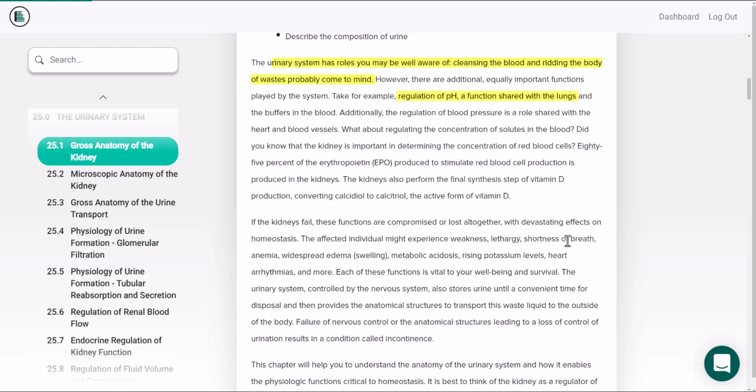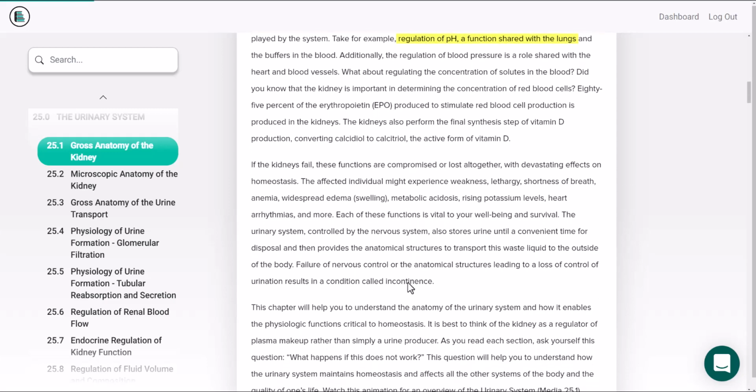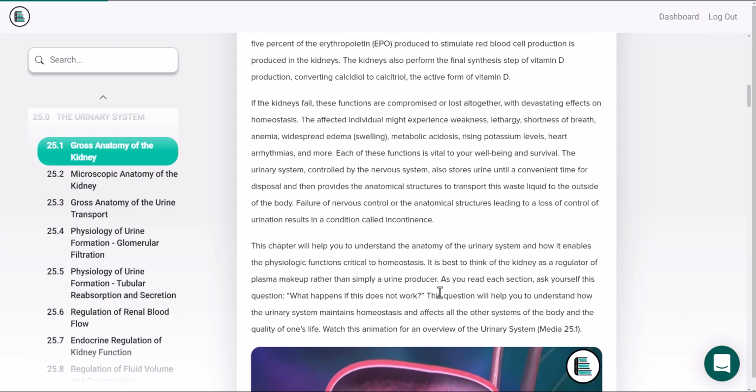And if you have kidney failure, you're going to become anemic because you're not making EPO. And because those acidic products cause issues with the heart, it becomes arrhythmic. And also those acidic products start causing issues with the brain, and patients go into a comatose state when the kidneys completely fail. So clearly the kidneys are important.